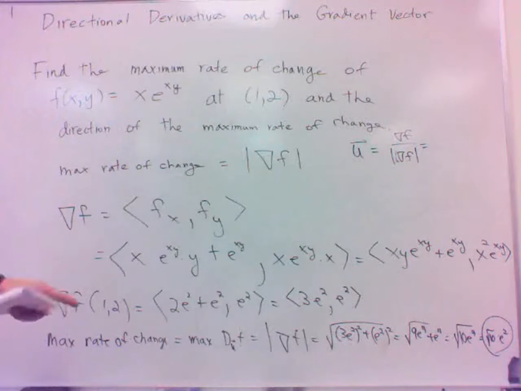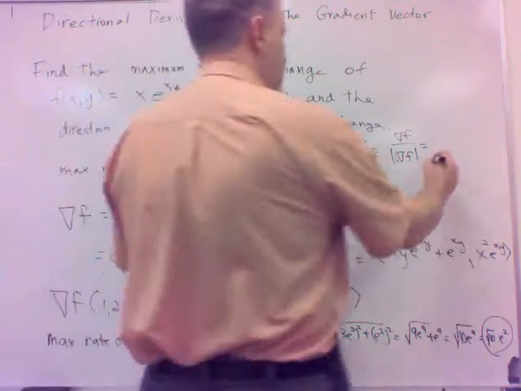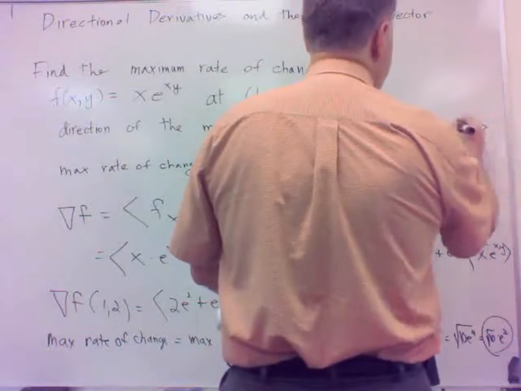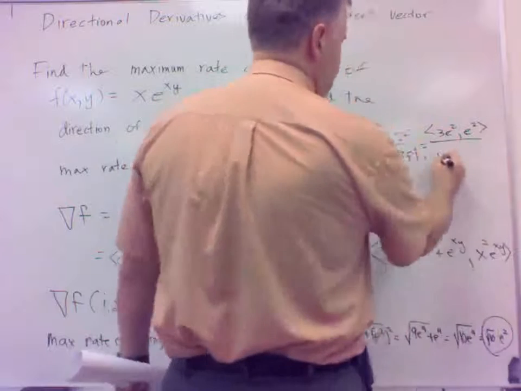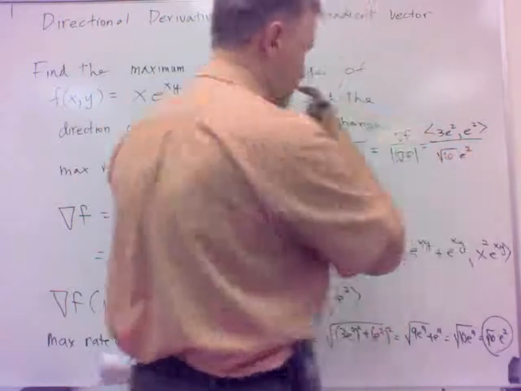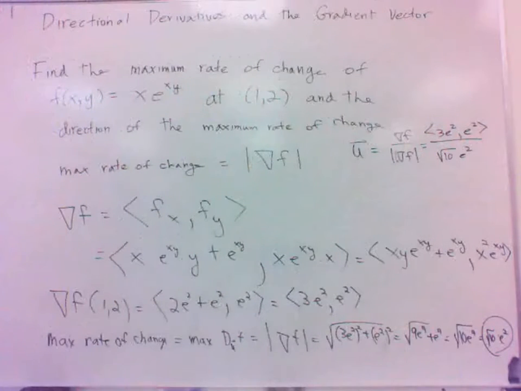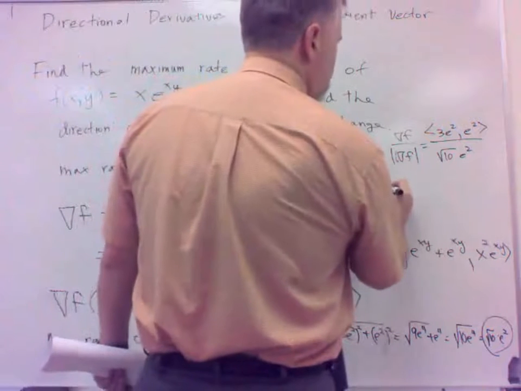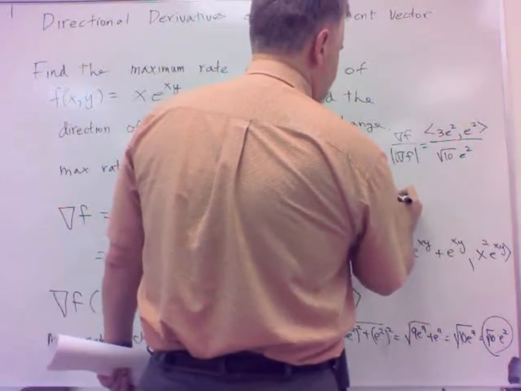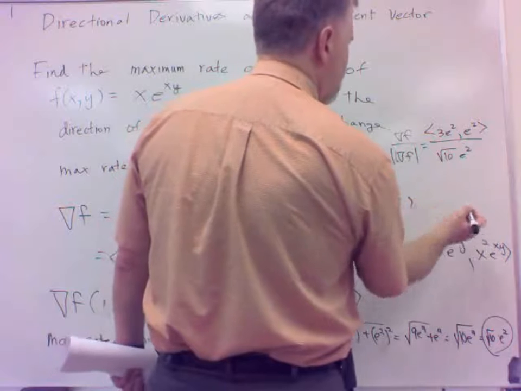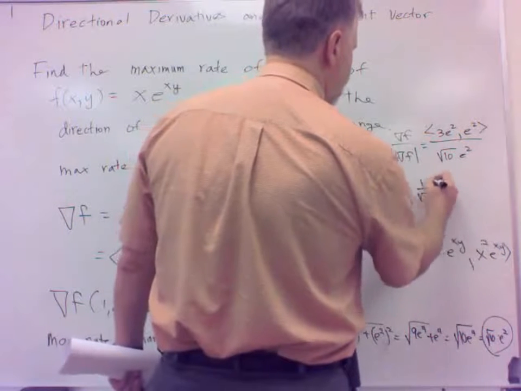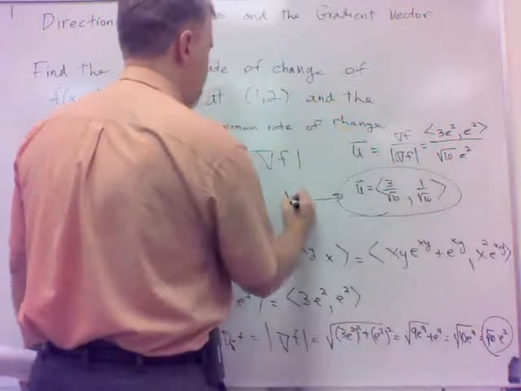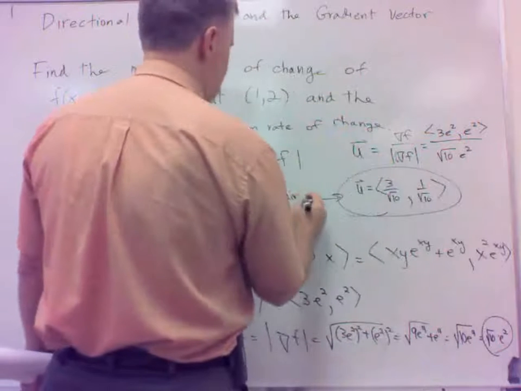So it'd be 3e squared, e squared, divided by the square root of 10 e squared, which is 3 over square root of 10, comma, 1 over square root of 10, right? That would be the direction of this maximum rate of change.